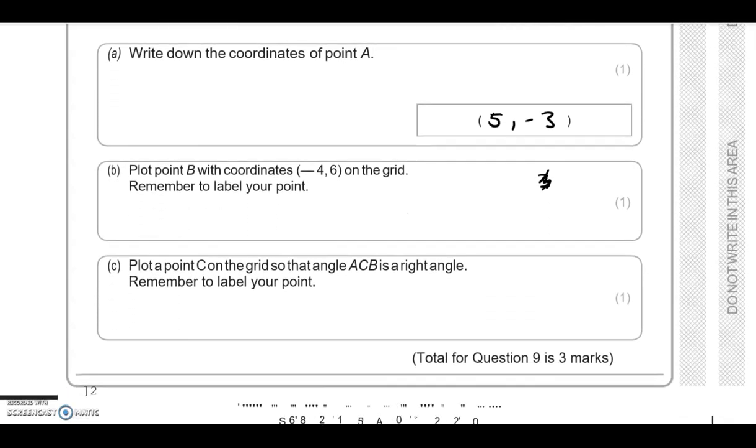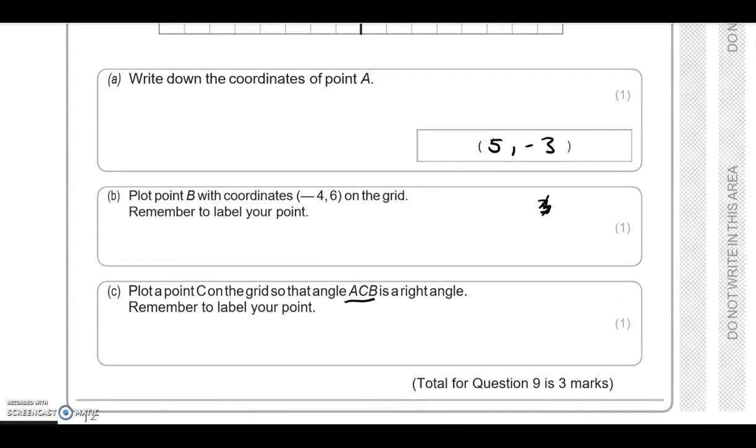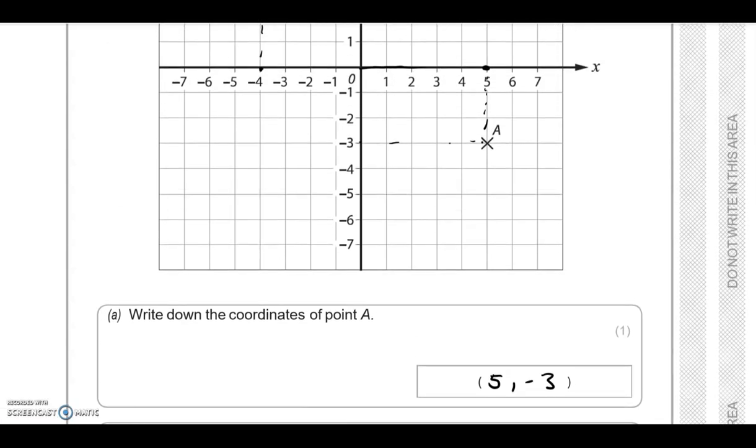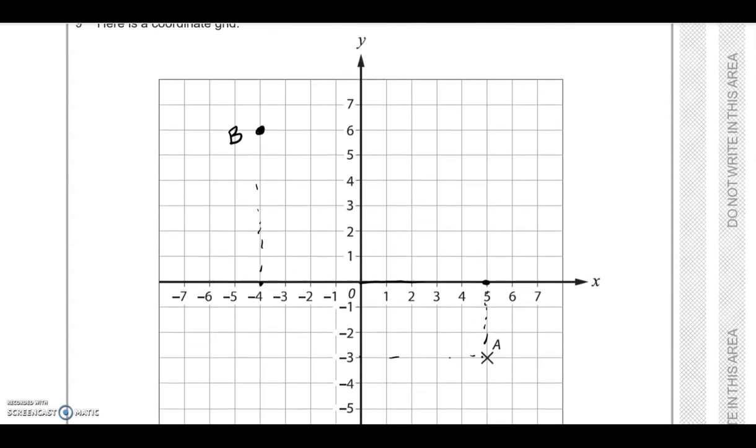Plot point C on the grid so that angle ACB is a right angle. Remember to label your point. So C will be in the middle and will be 90 degrees. Well, I think the dots that I made earlier might help me with this. So I could have point C here, and that would be 90 degrees.